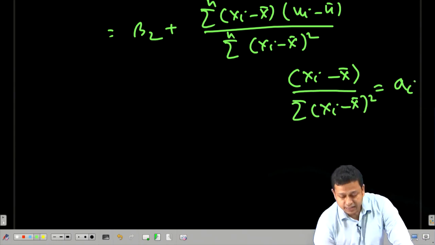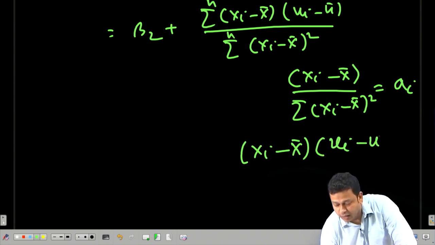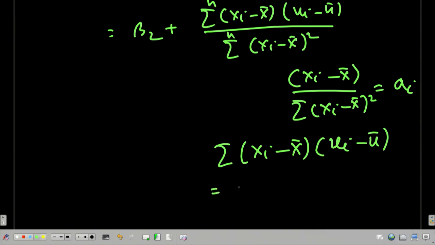And if I take (x_i minus x bar)(u_i minus u bar) over all n, I can actually prove this: summation (x_i minus x bar) into u_i, because u bar is actually constant.